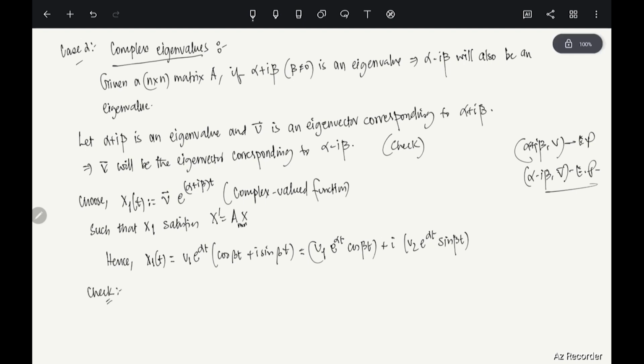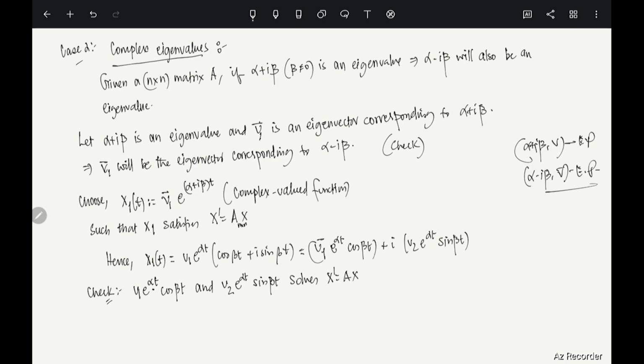Now you can easily check this part. Check that v1 times e power alpha t cosine beta t and v2 e to the power alpha t sine beta t solves x prime equals Ax. You remember we did this sort of thing earlier also.